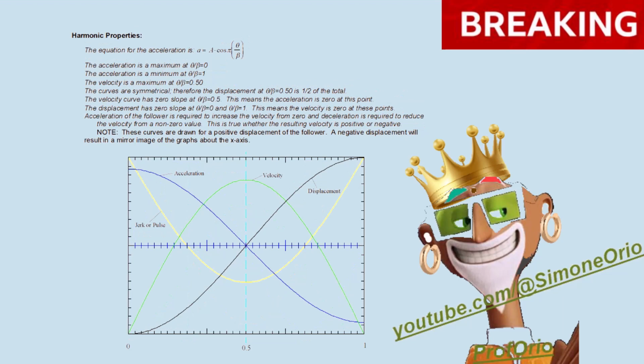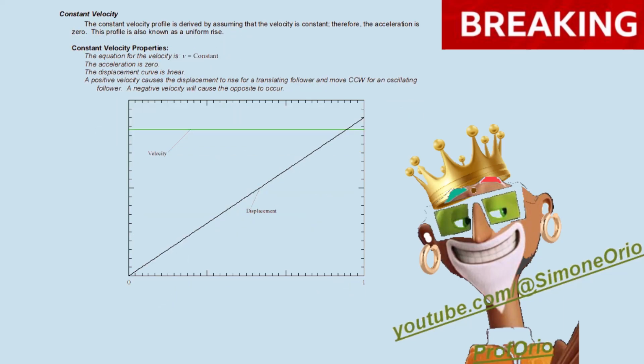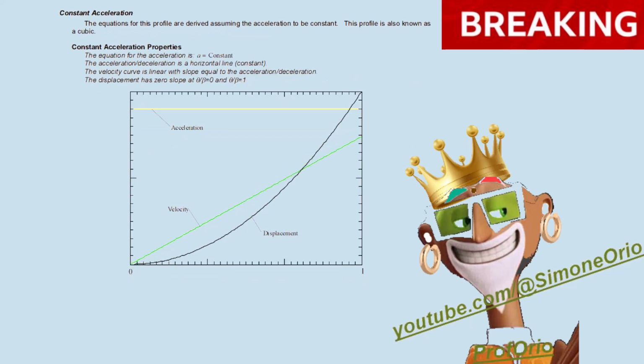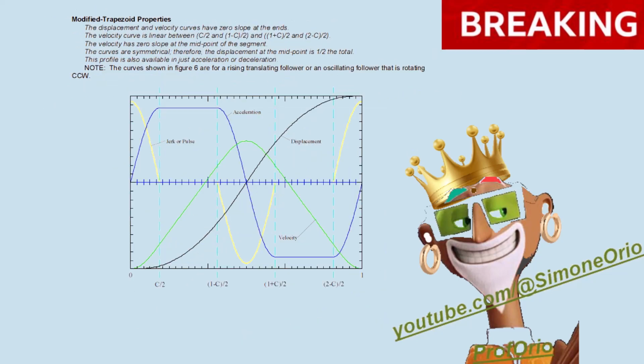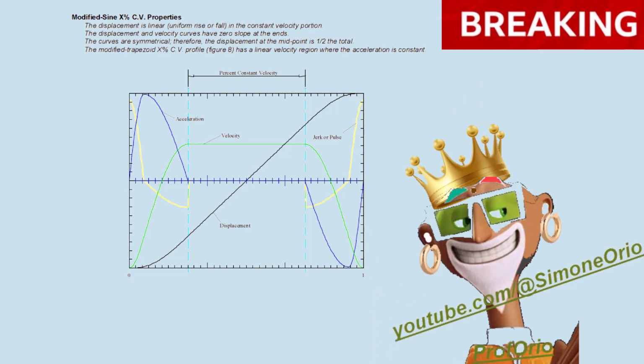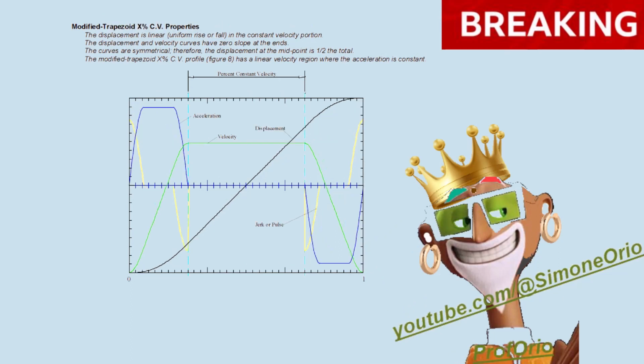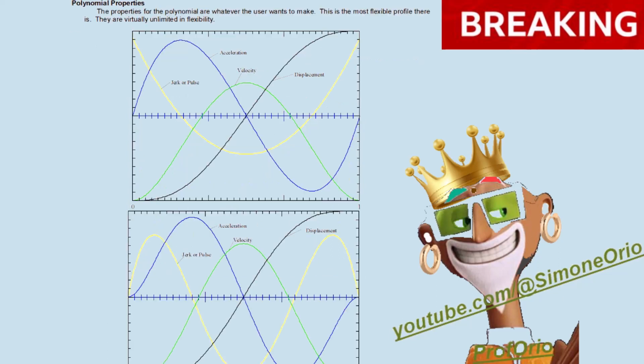harmonic, constant velocity, constant acceleration, modified sine, modified trapezoid, modified sine with a portion of the segment being constant velocity, modified trapezoid with a portion of the segment being constant velocity, polynomial, which can be made to do just about anything you want to do.